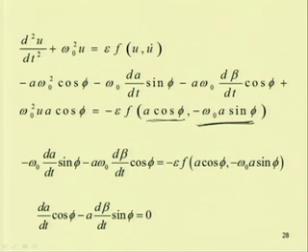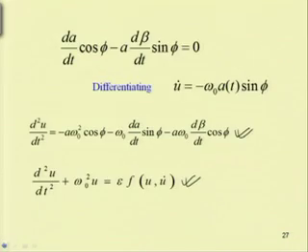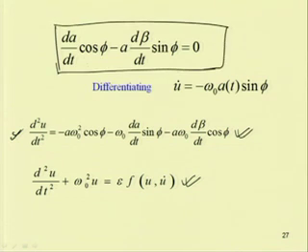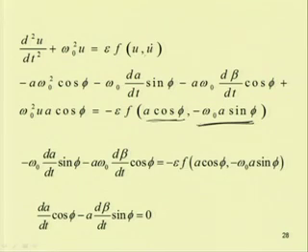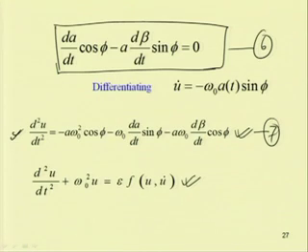This is one equation, and previously we have the equation d square u by dt square plus omega 0 square u equal to epsilon f, in which we substituted the expression for u. This one, dA/dt cos phi, is equation 6. Substituting equation 7 in equation 1, we can obtain equation number 8.